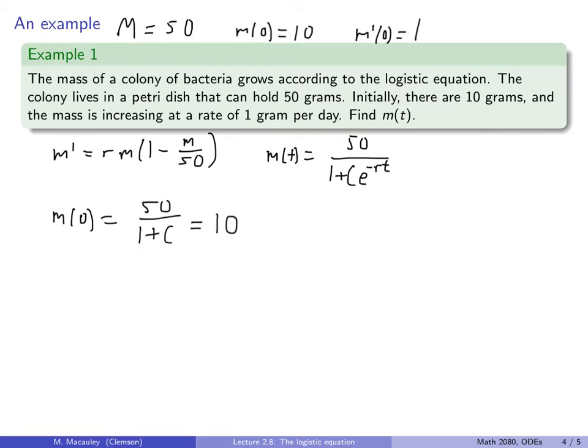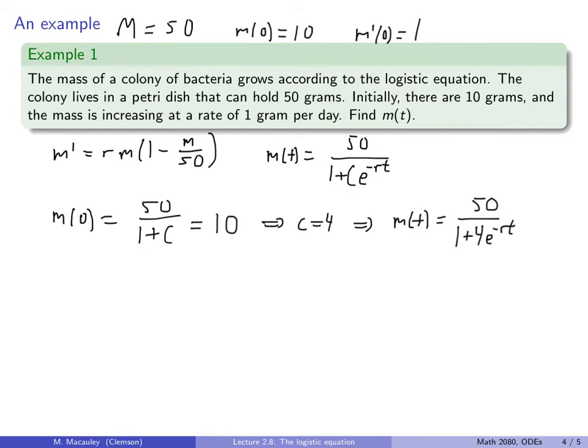Some algebra in our head means that this better be 5, and so c better be 4. So c equals 4. And so now we have m of t equals 50 over 1 plus 4 e to the minus rt.